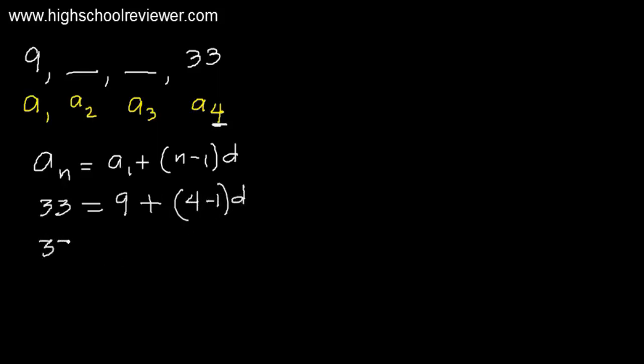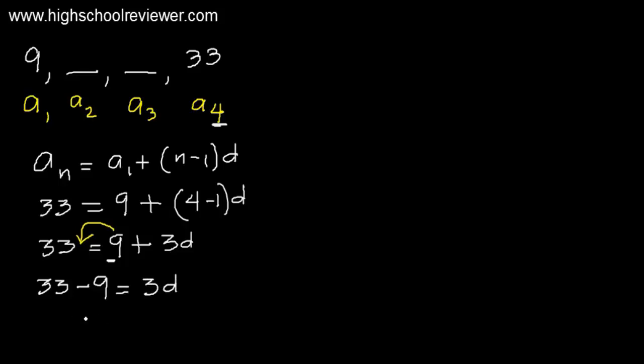So we have 33 equals 9 plus 4 minus 1 is 3, and 3 multiplied by d will give us 3d. To solve for d, we need to transpose positive 9 to the other side. So we have positive 33, and when we transpose positive 9, it changes sign and becomes negative, so minus 9 equals positive 3d.